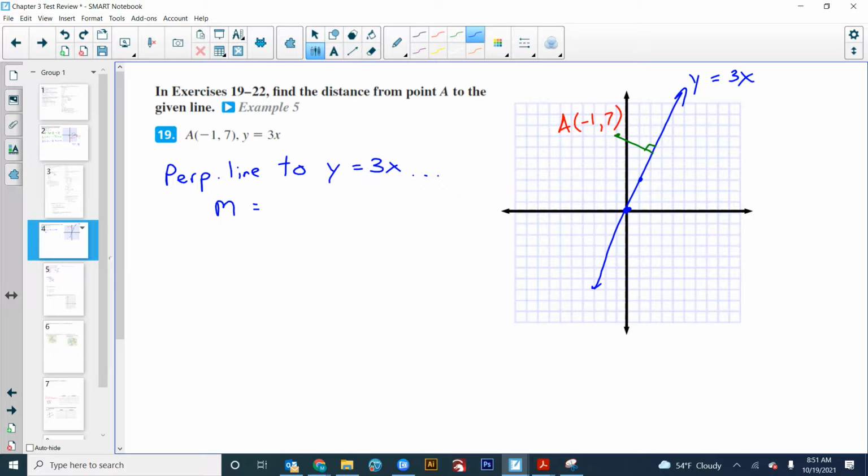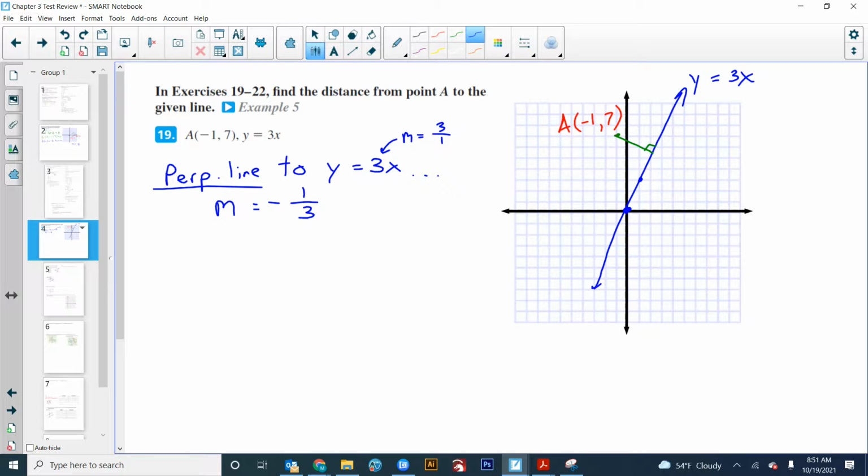The slope is 3/1. We don't want that slope. We want the opposite reciprocal slope. Opposite reciprocal is going to be negative 1/3. Everybody agree? So we're finding the perpendicular line. We need the slope, the opposite reciprocal, negative 1/3.